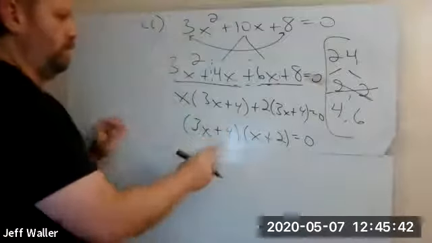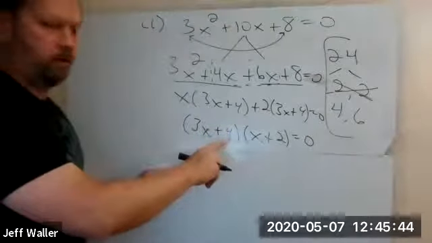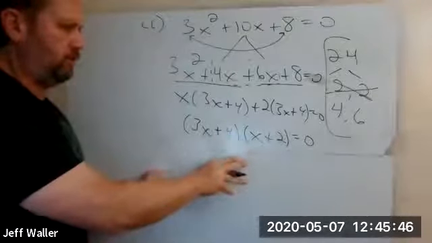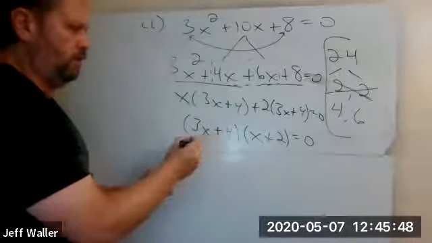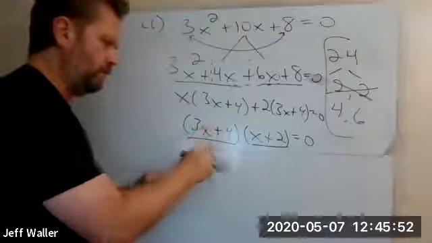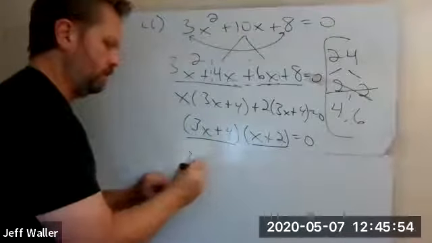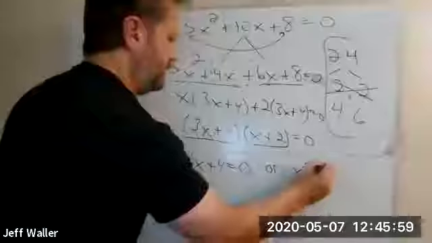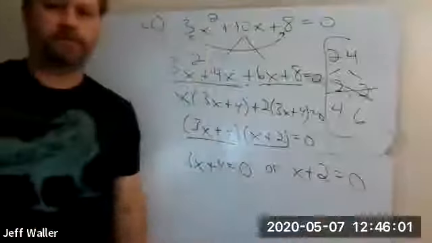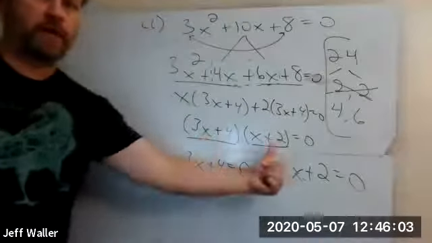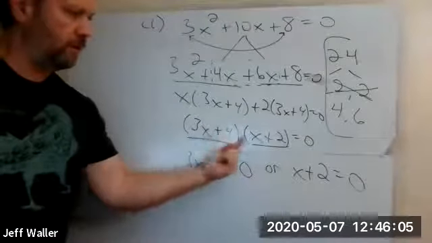All right. So what can I do here now? What has to be true? Either this is... Oh, okay. I can't solve it until I got it set up. Either that one is 0 or that one is 0 because I have this number times that number is 0.